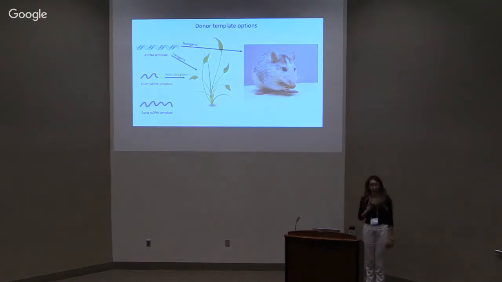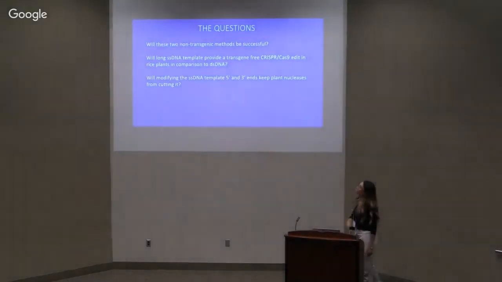The short single-stranded DNA template has been found to be non-transgenic and also very efficient with plants. Recently, there have been studies showing that the long single-stranded DNA template provides non-transgenic edits in animals. That leaves a lack of investigation of the long single-stranded DNA template in plants, which is why we want to look into this.